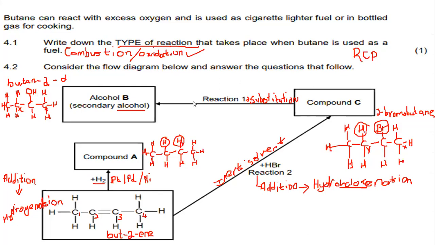It means there must have been another reactant reacting here with compound C. It's most probably H2O, so it could be H bonded to OH, and we know this means water.